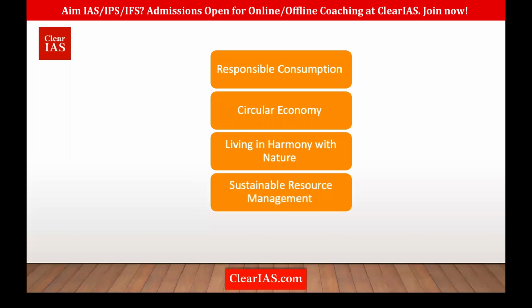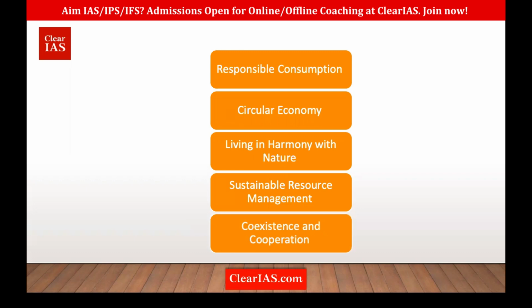Okay, and yes, sustainable resource management. Like whatever resource you have, food, water, whatever it is, land, you must sustainably use it. Like you must manage it. Okay, instead of just keeping the tap open and wasting the water, you have to save water. So whatever resource you have, you have to sustainably manage it. So that is sustainable resource management. Okay, then apart from that, we are asking all the countries to coexist and for cooperation.